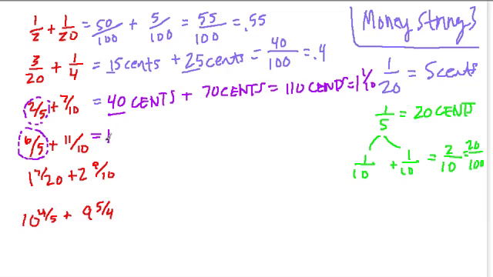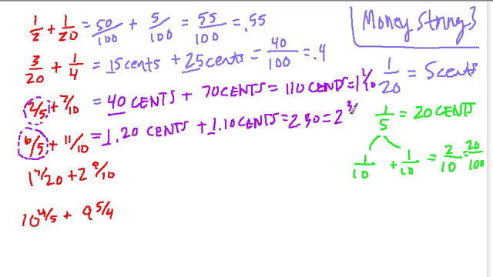That's $1.20. Plus 11/10ths. Well, every 1/10th is a dime. So 11/10ths is 11 dimes, or $1.10. Altogether, we have $2.30, or 2 3/10ths, or 2 and 30 out of 100.